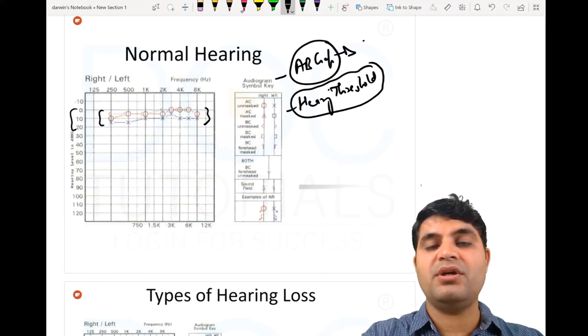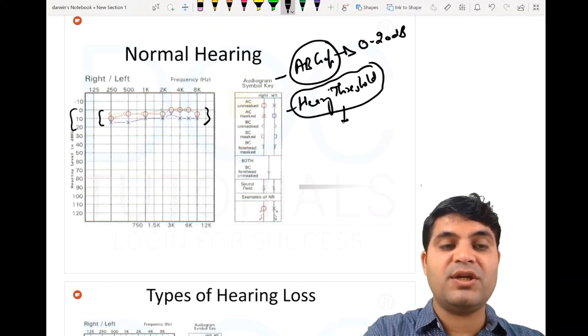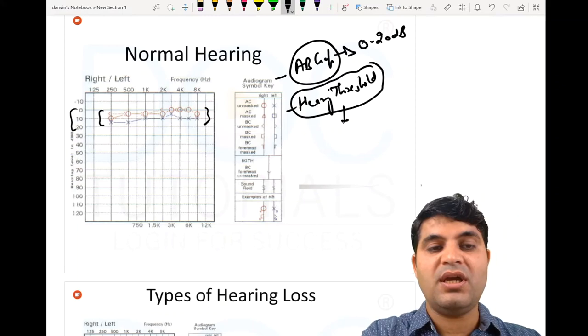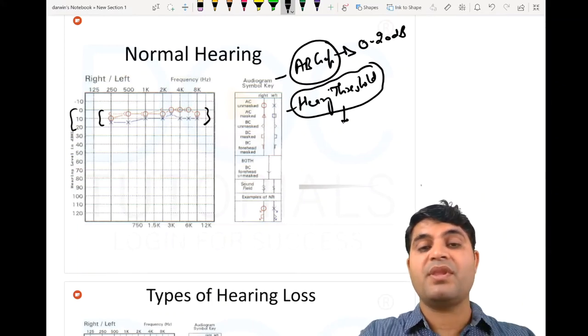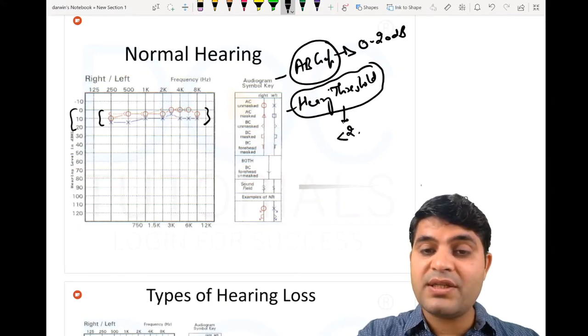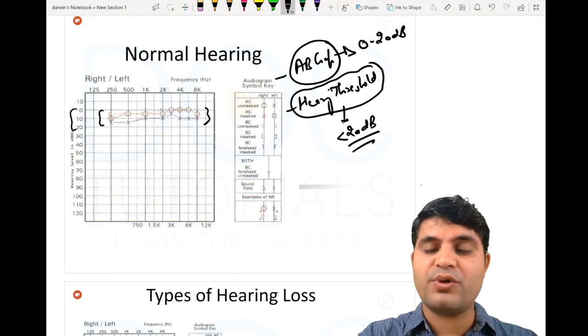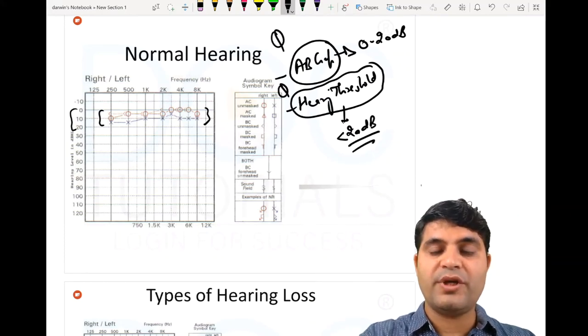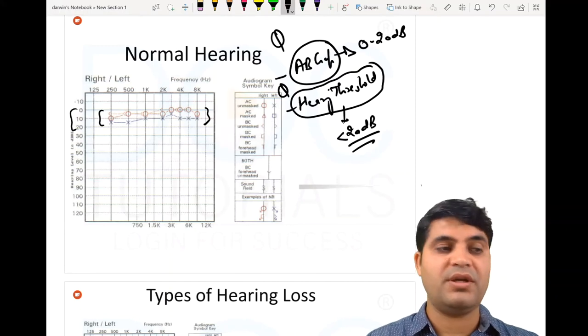So the ear-bone gap here is 0 to 20 decibels, and the hearing threshold, that means the minimum intensity at which the patient is able to hear, is also less than 20 decibels. So dear students, these are important points. So this is nothing but normal hearing.